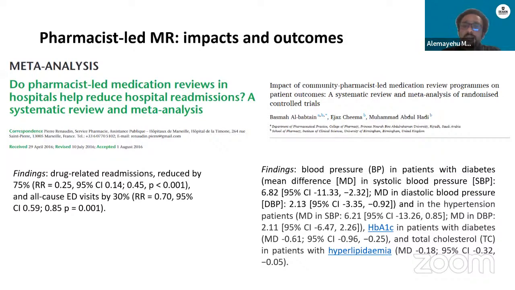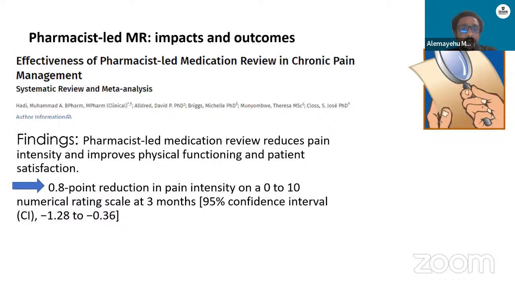These are surrogate markers. So whether at the hospital level or the community level, pharmacy medication reviews can result in important clinical and process outcomes. Another is pain management. Even in chronic pain management, pharmacy medication review can result in a reduction in pain intensity.